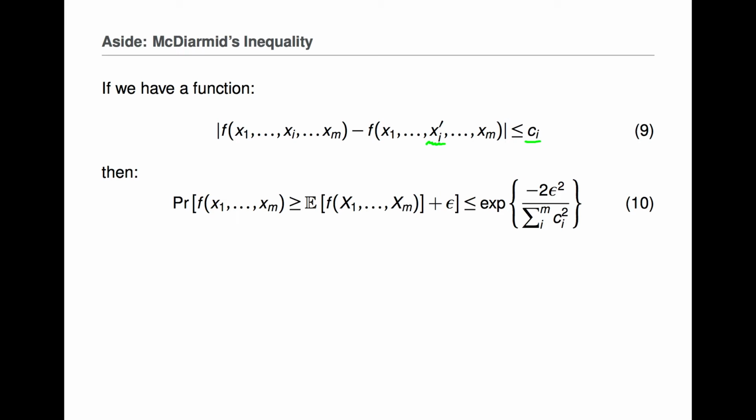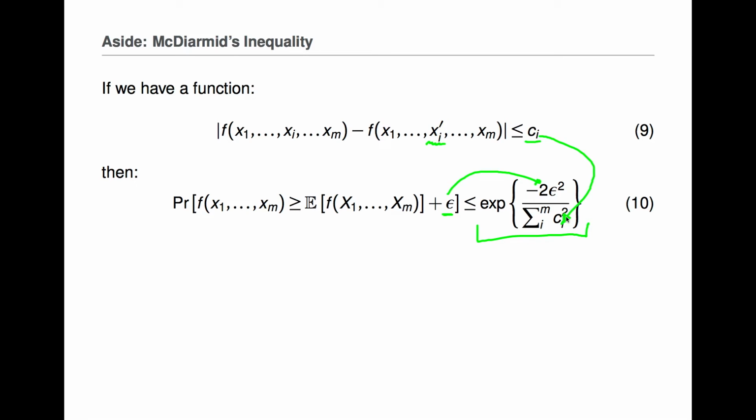And so McDiarmid's inequality says that if this is true, that perturbing one element in this vector doesn't change the overall function evaluation too much, then the probability of you moving by more than epsilon in expectation is going to be less than this value here, a function of how much the expectation moves, and how much changing any particular element will move the whole thing.